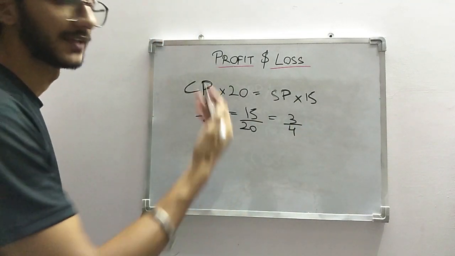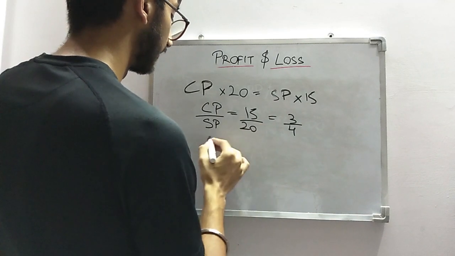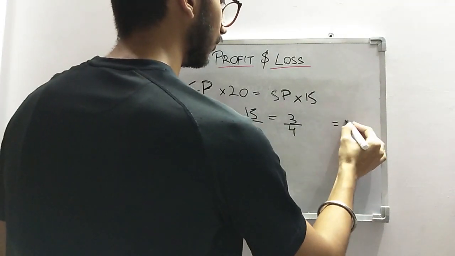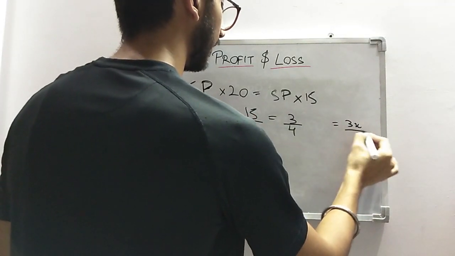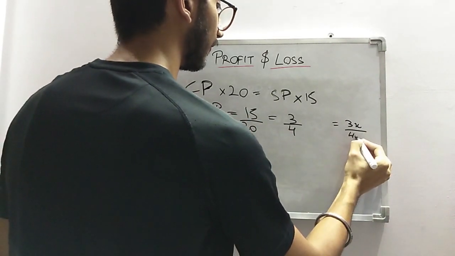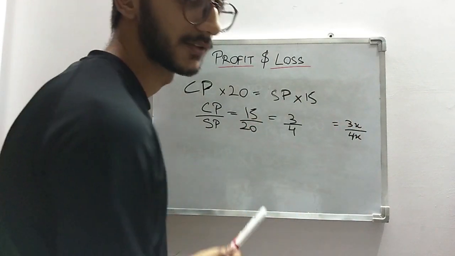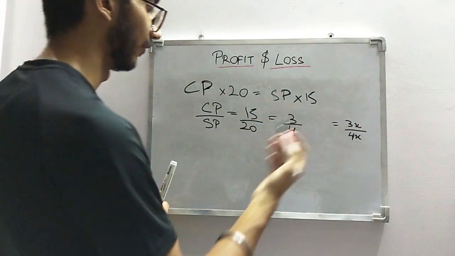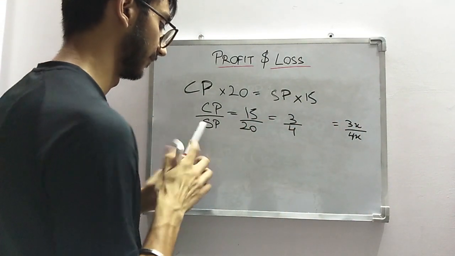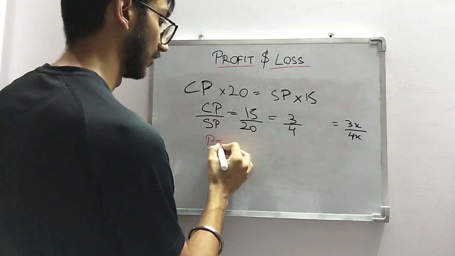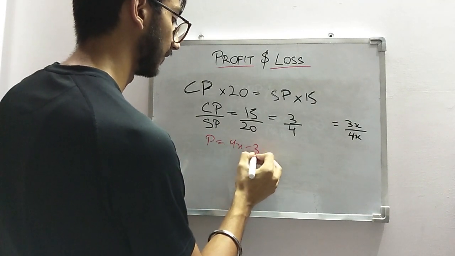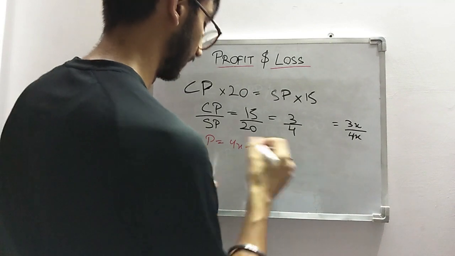So I can take the cost price as 3x and the selling price as 4x. Now my selling price is greater than my cost price, so obviously I am making a profit. What is my profit? My profit will be 4x minus 3x, that is x.